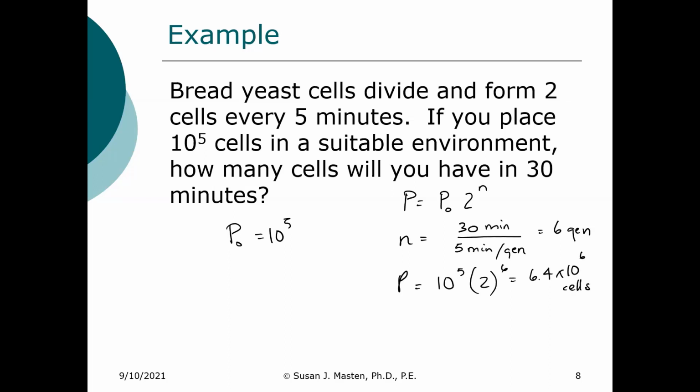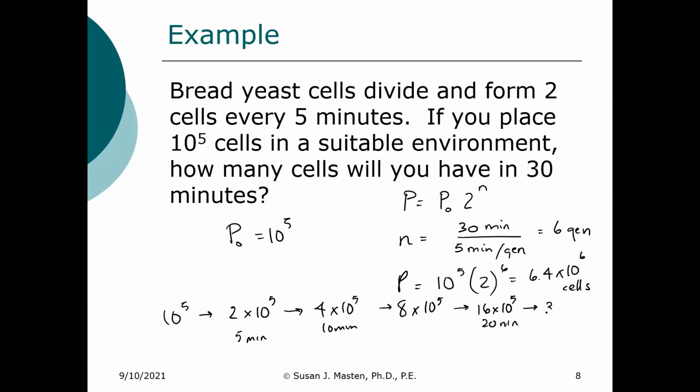And we could also determine that: we start with 10 to the 5, it divides, so we now have 2 times 10 to the 5, 5 minutes later, 4 times 10 to the 5, 10 minutes later, 8 times 10 to the 5, 15 minutes later, 16 times 10 to the 5, so now we're up to 20 minutes, 32 times 10 to the 5, 25 minutes later, and after 30 minutes, we have 64 times 10 to the 5, or 6.4 times 10 to the 6.